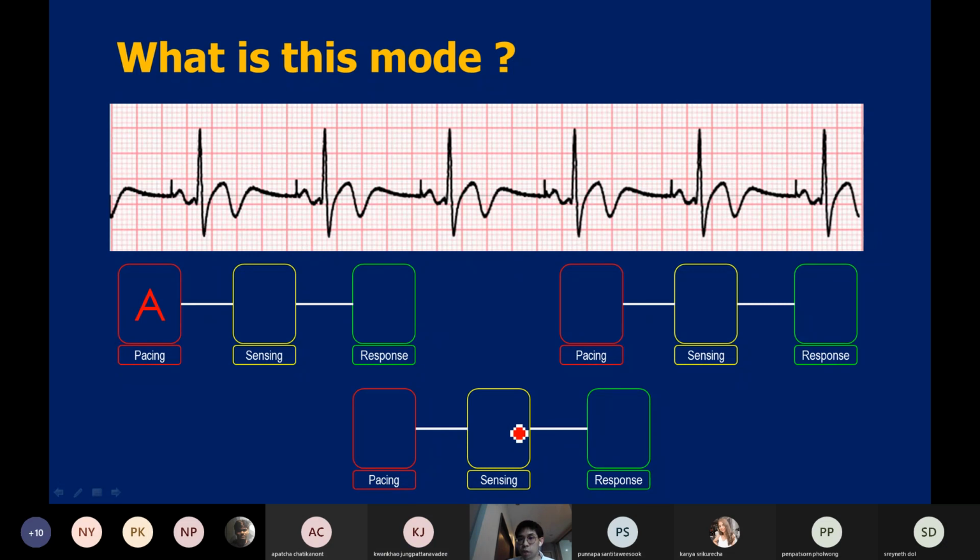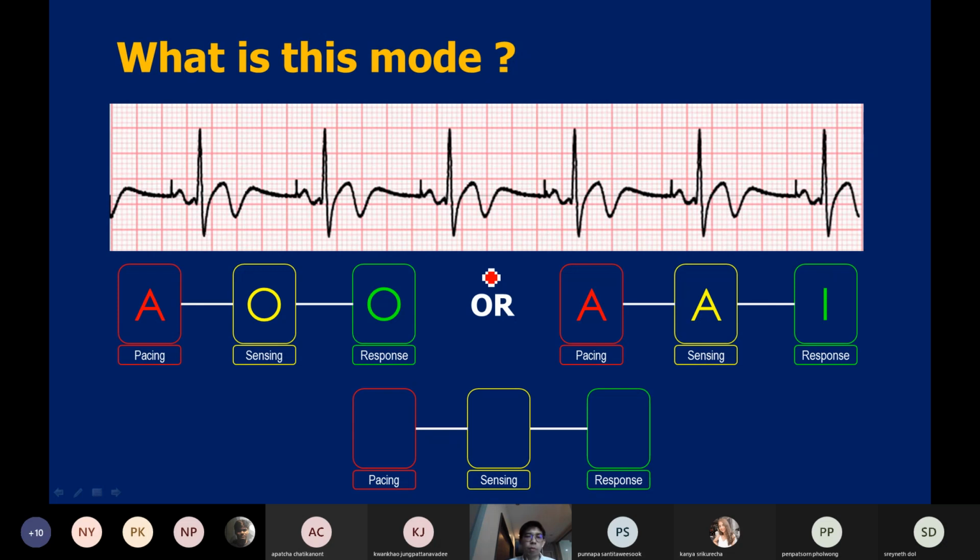Okay, it can be sensing, and because we don't see any intrinsic P, maybe there is no sensing at all. It could be AOO because you see only pacing here, or it can be AAI.